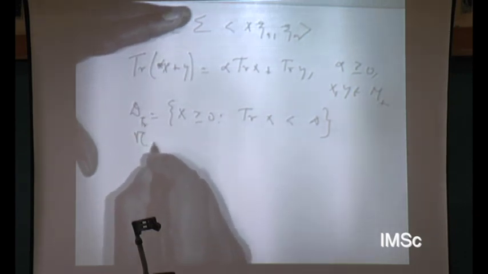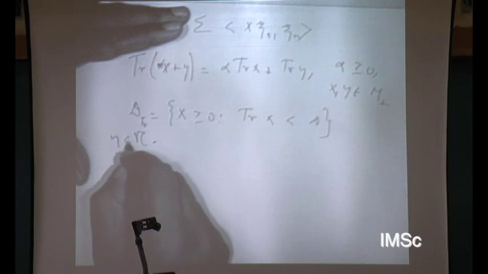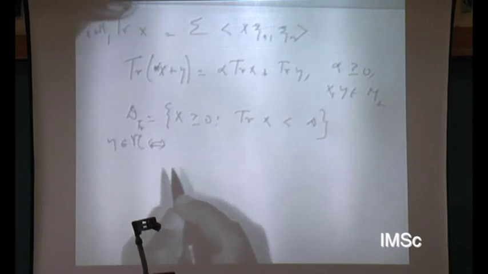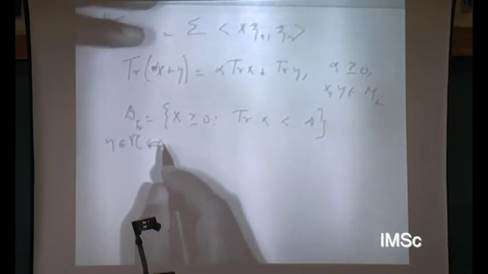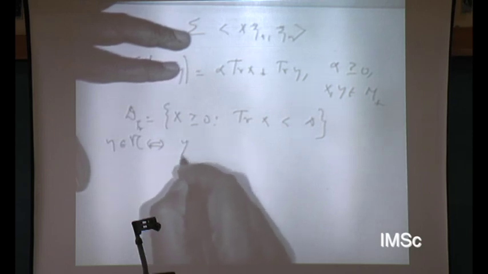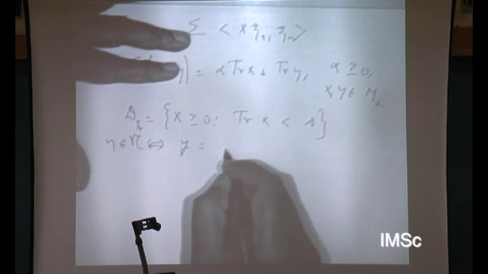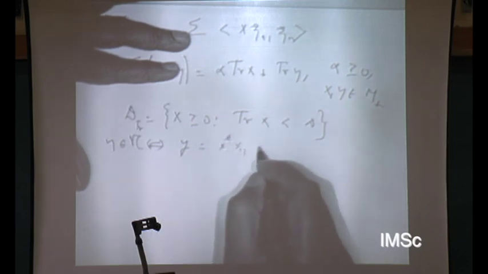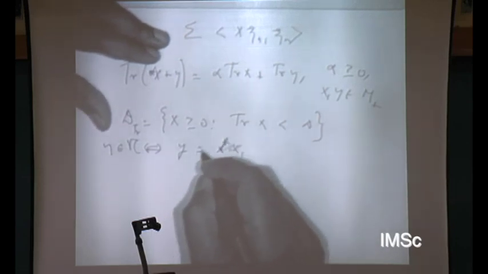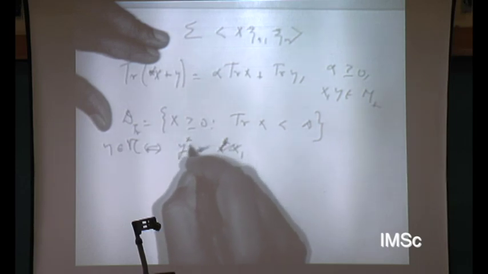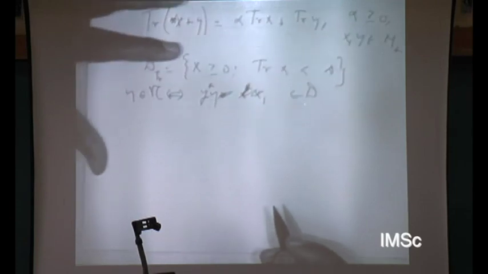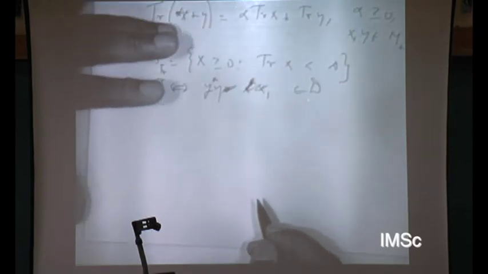And what is N? Y is some x star x... y such that y star y is in D. So what does that mean?